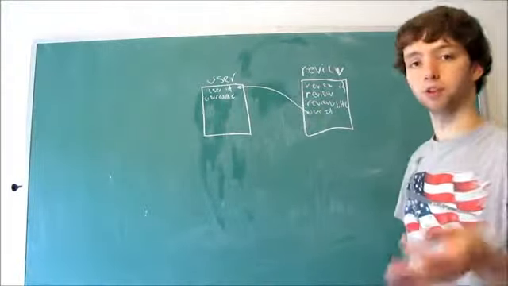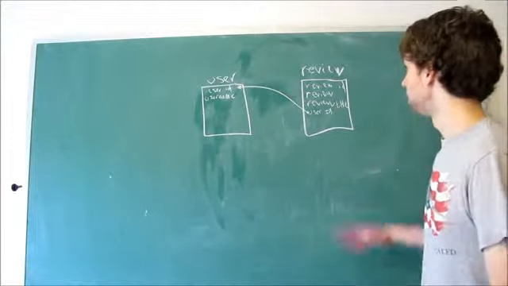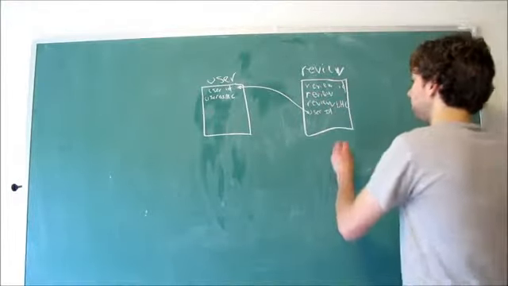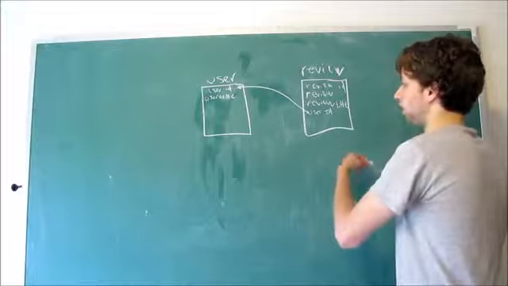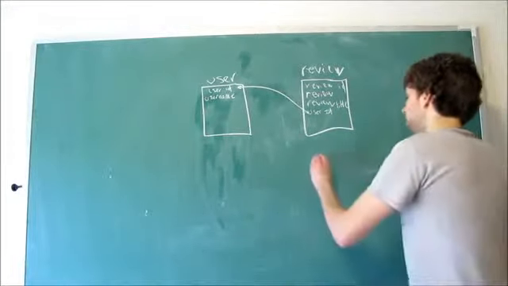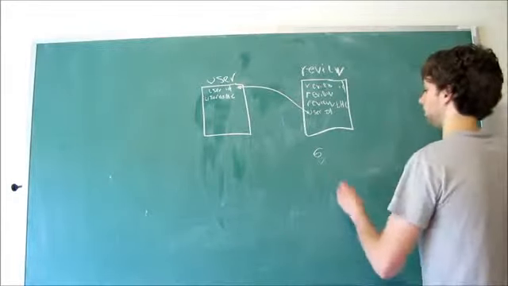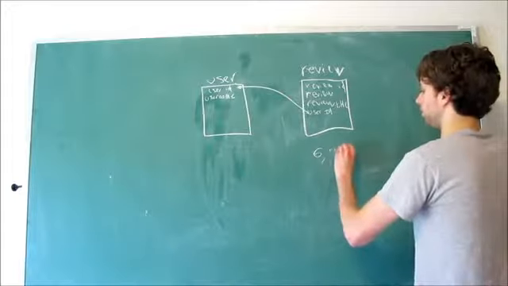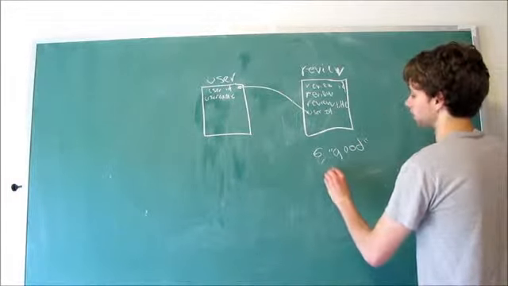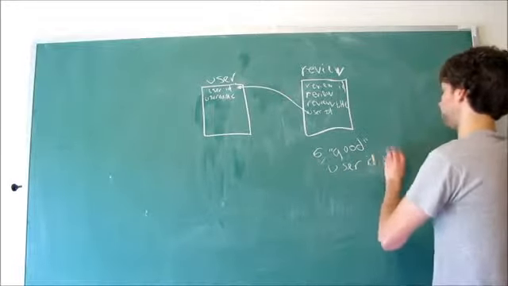Is this a one-to-one relationship, or is this a one-to-many relationship? Well, we could have multiple reviews, and each one would point back. So we could have another review, and we could have the same ID. So let's just think of some examples. Let's say we have the review ID of 6, and the review is awesome or good, and it's by the user ID of 62.